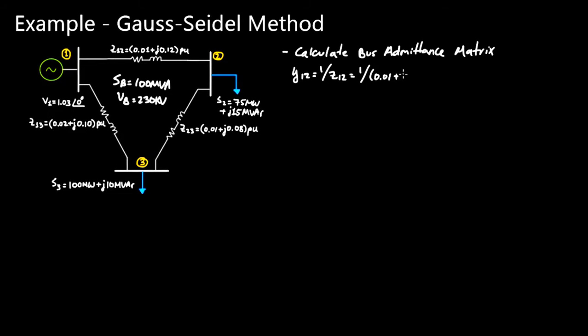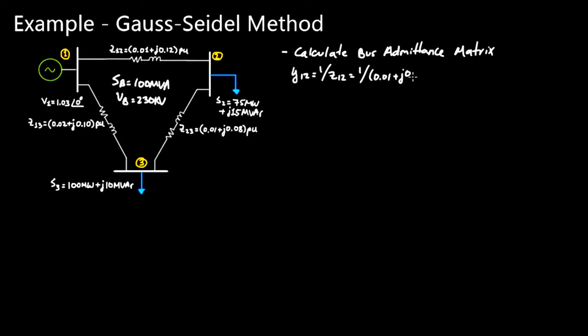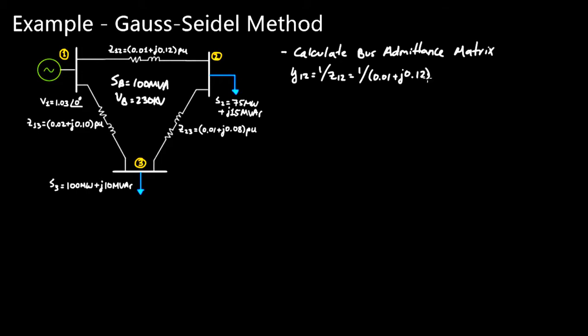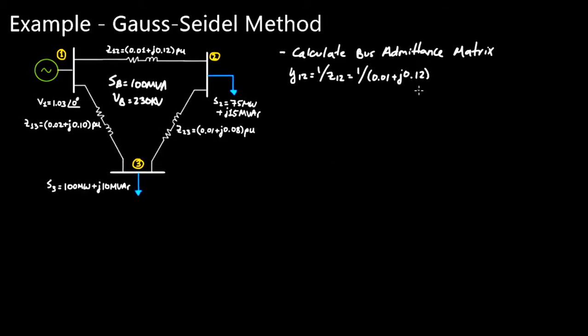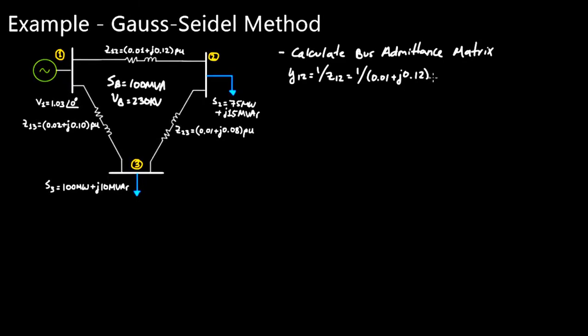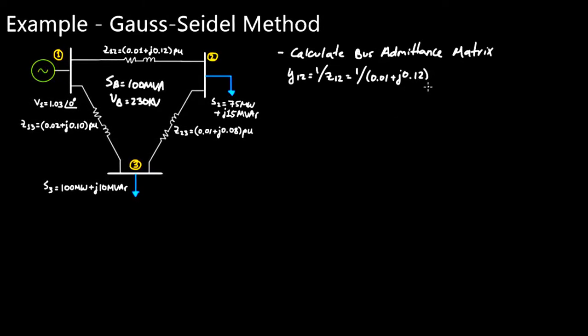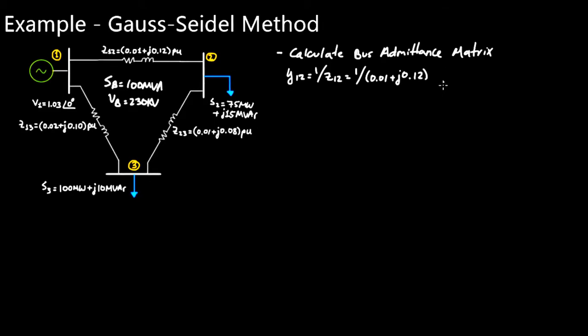0.01 plus j0.12. And I'm going to drop the per unit here. Everything is going to be in per unit though, that's going to be implied. But I'm going to drop the per unit word over here just to keep things a little bit more neat.